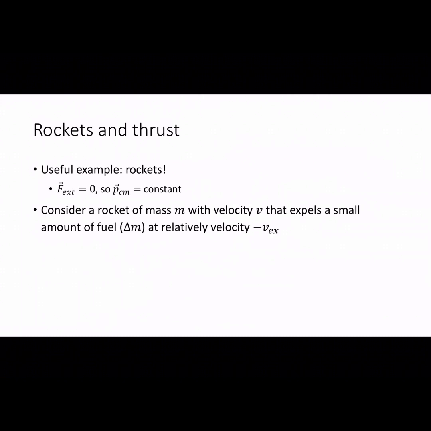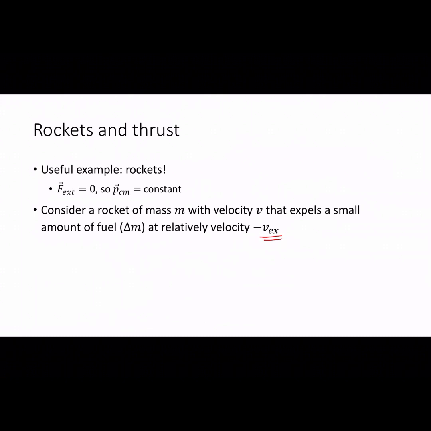So the way rockets work is as follows. A rocket has some mass and it's moving with some velocity. And what it's going to do, it's going to shoot fuel out its back. So for example, in rockets that go to space, those are hydrogen and oxygen that burn off each other. They're shooting out flames. That's your fuel. At the back end, at a relative velocity v_x, which is the expulsion velocity, that's what it's called.